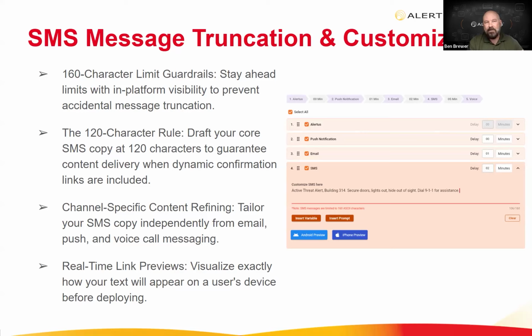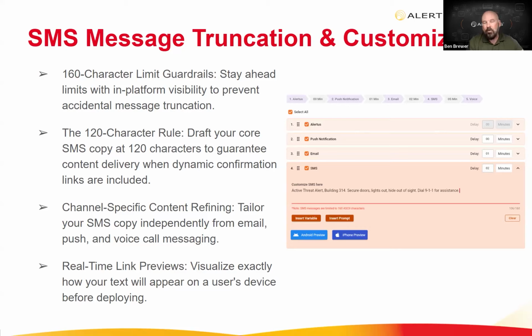The tiny URL approach that we are implementing will represent a 20 character confirmation link very uniformly across all of your messaging, meaning that you will have 140 characters that you can work with. We will, of course, be updating the knowledge base specific to SMS as that becomes available. And hopefully it will coincide with another webinar so that we have the opportunity to share that information with you.